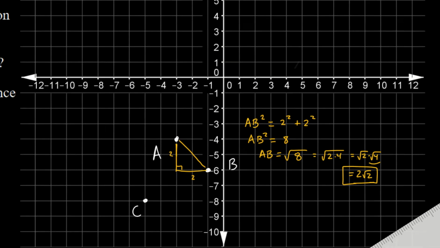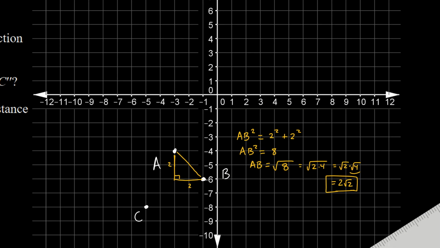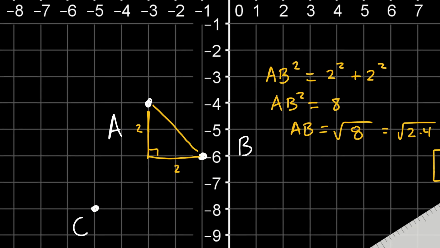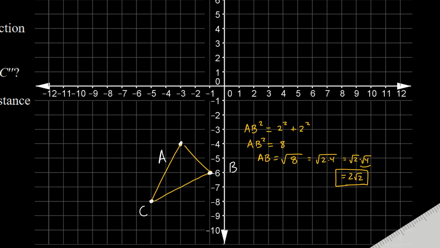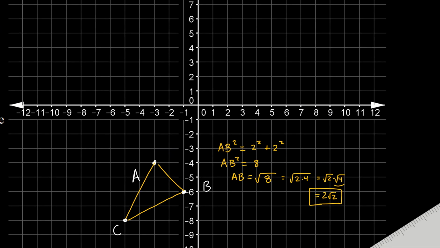So let's look at the original triangle here. And for convenience, I'm going to erase that little slope triangle. Let me highlight the big triangle that we're talking about transforming. We're going to reflect this triangle across the x-axis.